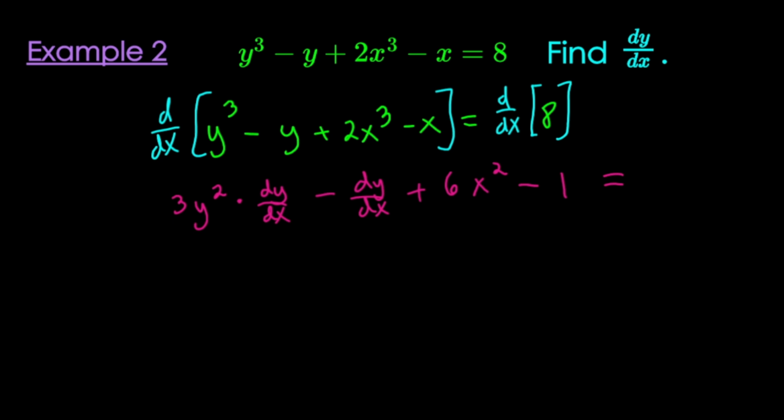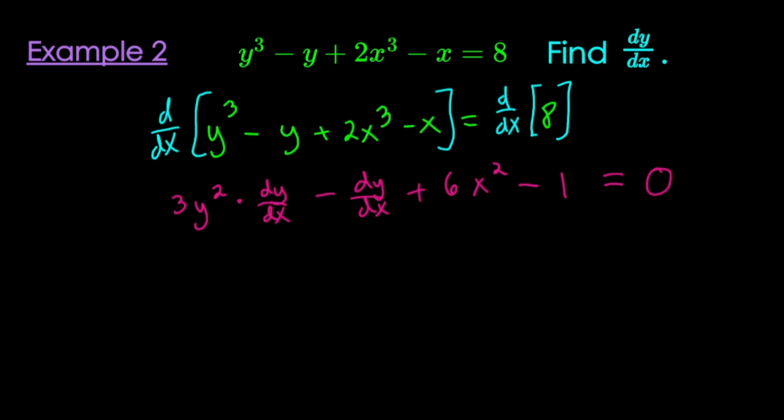Here's our equal sign. Now on the right side, we're taking the derivative of a constant. Remember that the derivative of a constant is always 0 because a constant, by definition, is something that doesn't change. So its rate of change is 0 because it doesn't change. In the case of taking the derivative of a number, it doesn't matter what the independent variable is.